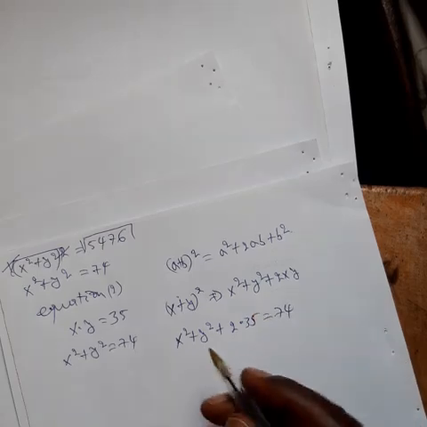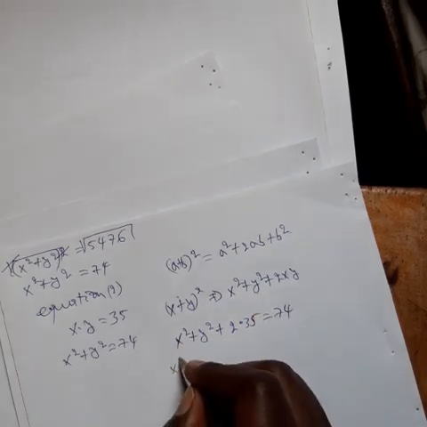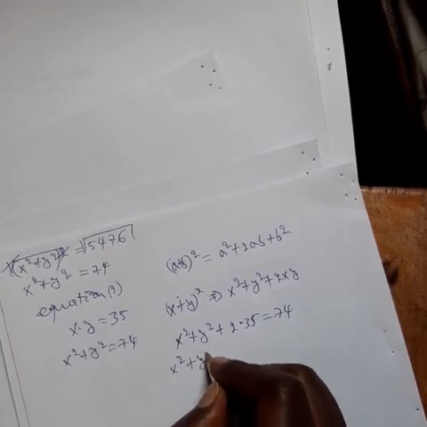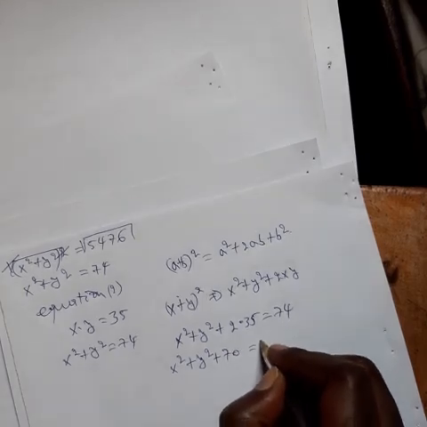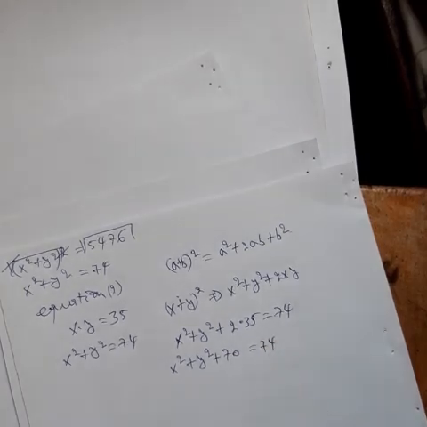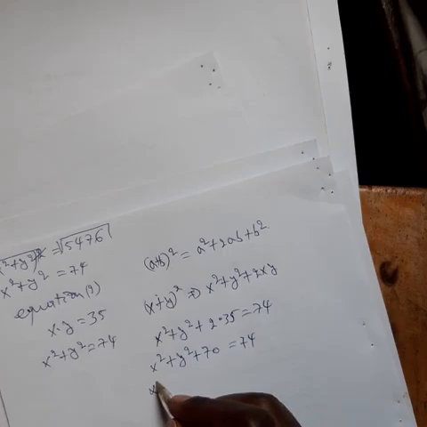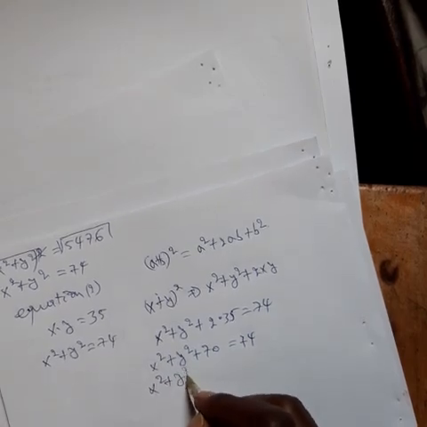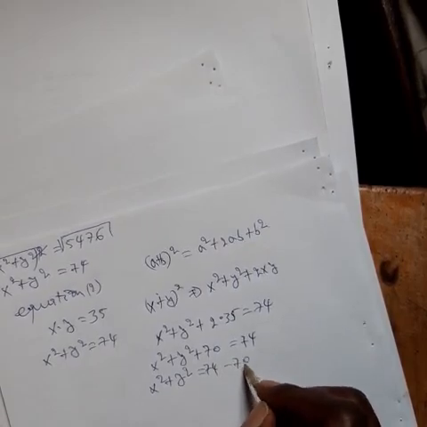Then here we will have x squared plus y squared plus 70 is equal to 74. Then x squared plus y squared is equal to 74 minus 70.